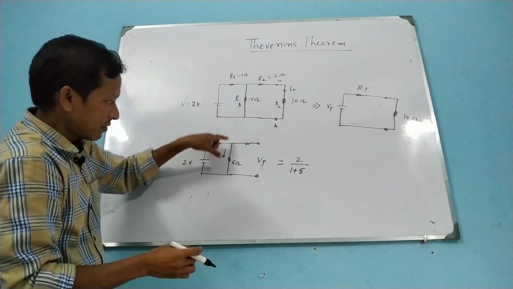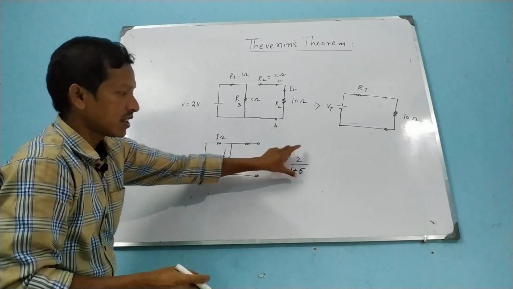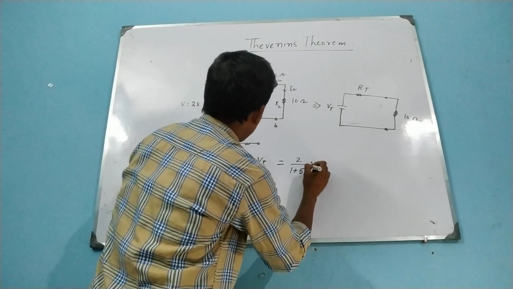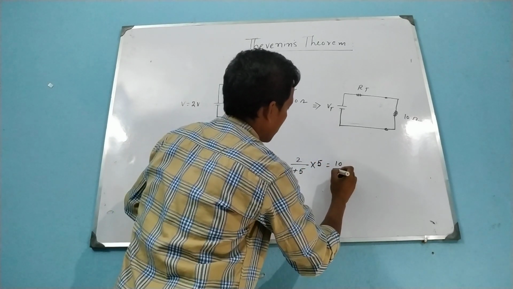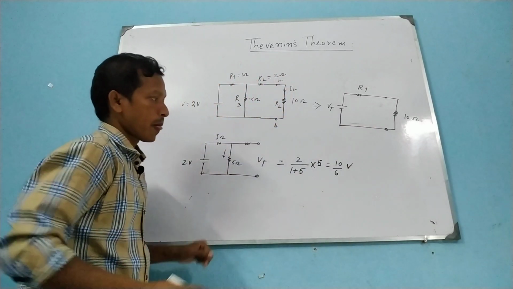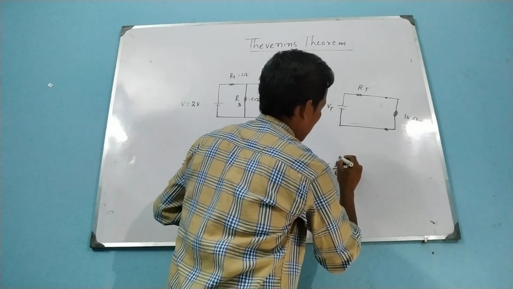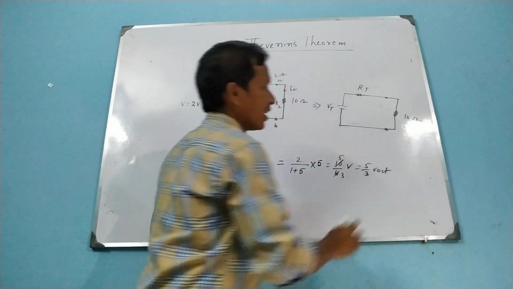Since the current through the 5 ohm is voltage by total resistance, this is the current into 5 ohm. So 10 by 6 volt, or 5 by 3 volt, is the Thevenin's voltage.